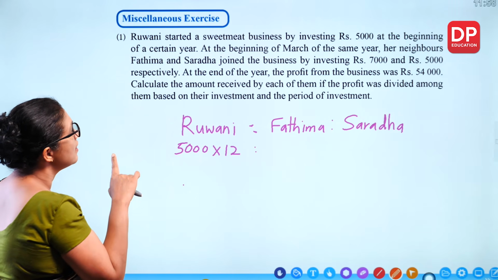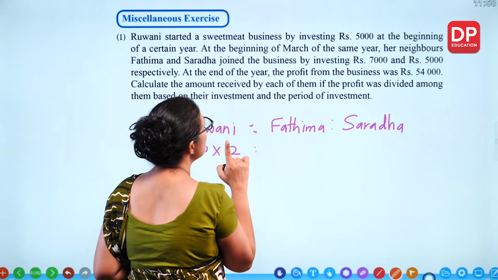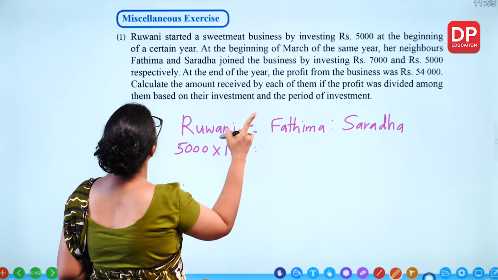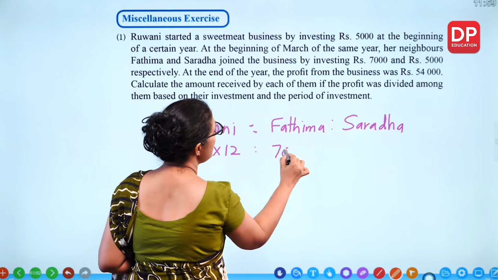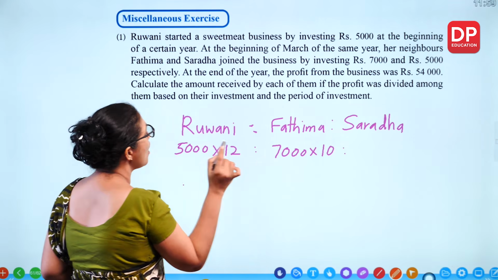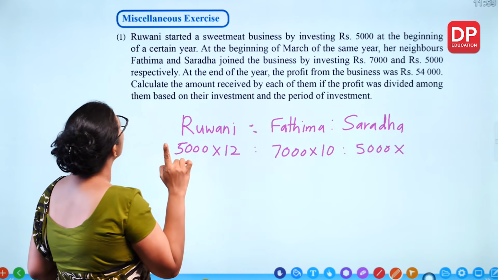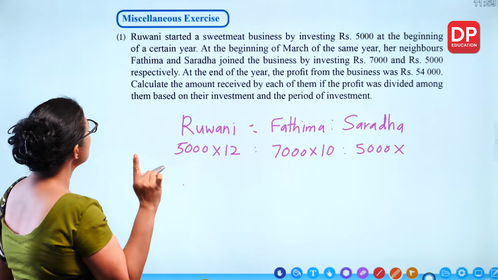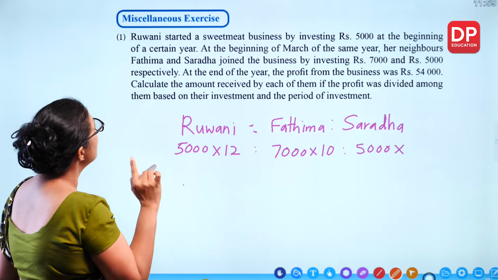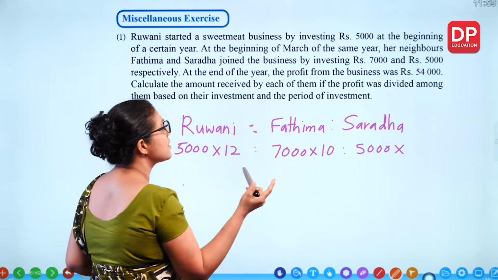January, February, not included. So you have to subtract 2. So that's 10 months, 7,000 rupees for 10 months. Sarada, 5,000 rupees. How many months? Same date, March. So that means 10 months.